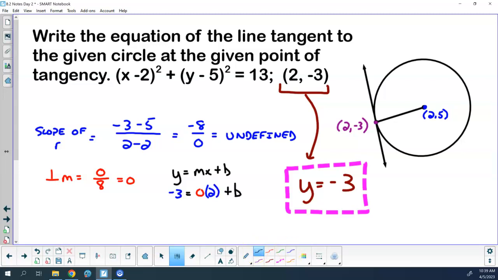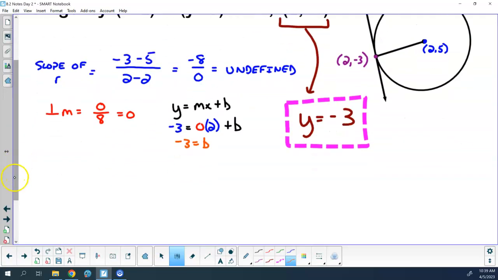I have to solve for b. 0 times 2 is 0, so negative 3 equals b. Now I go back to y equals mx plus b: y equals 0 times x plus negative 3. 0 times x is 0, plus negative 3 is negative 3.